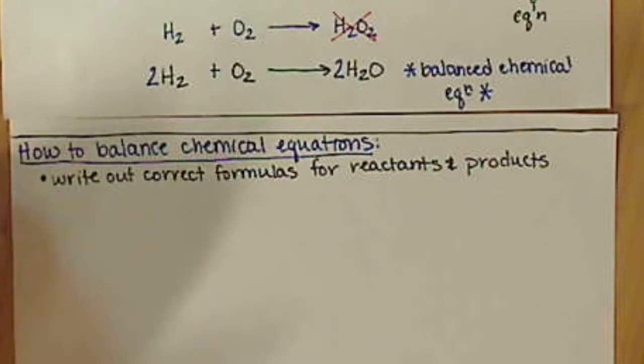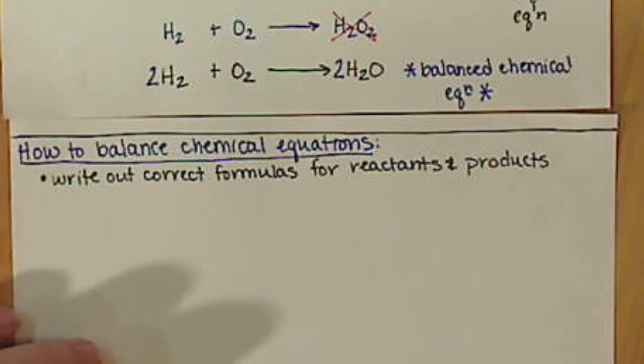Now, a lot of times this step is going to be done for you, so just keep that in mind. Don't take it for granted. Okay? But sometimes you might be given some examples, perhaps on a homework assignment. But you might get some examples that are in words, telling you, describing what's happening with the chemical equation.